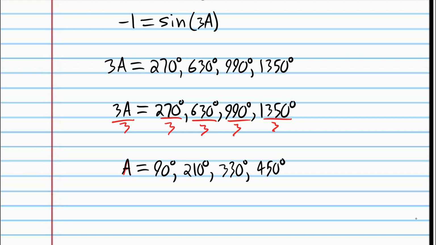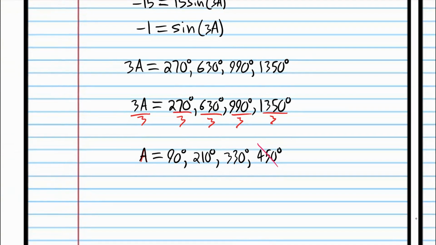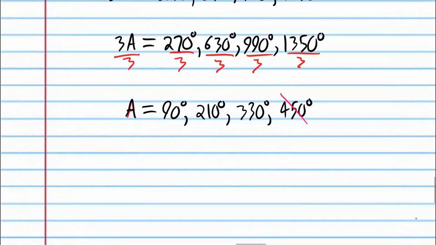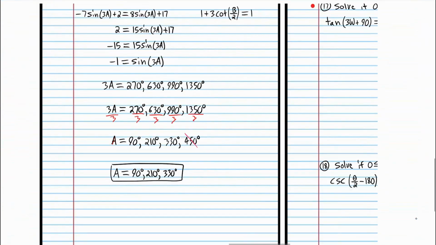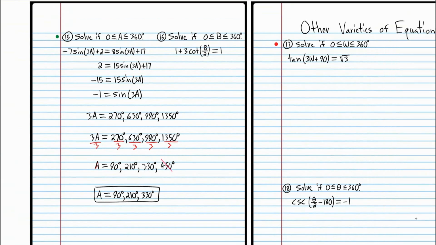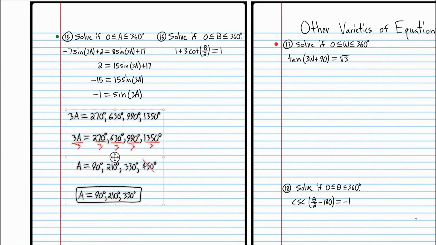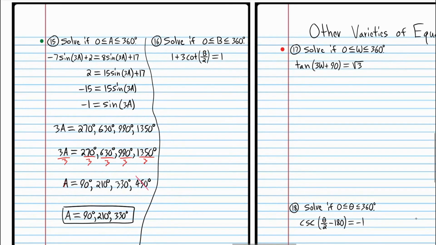But that is not going to be a solution. So our final answers are 90 degrees, 210 degrees, and 330 degrees. So if you got those answers, perfect. Okay, so go ahead and try number 16. You're going to have half as many solutions as you think, because we have a half angle expression. Try 16. When you come back, we'll do it together.